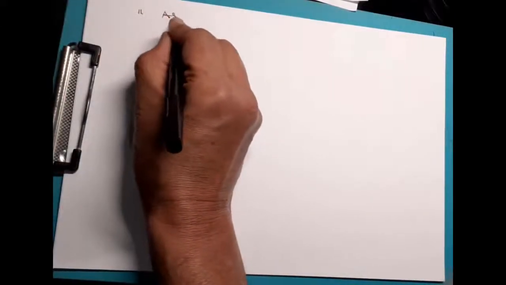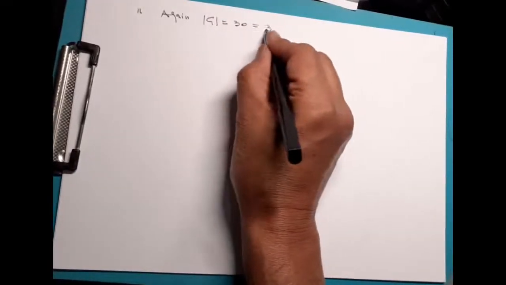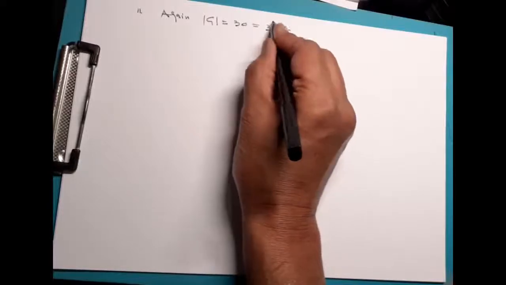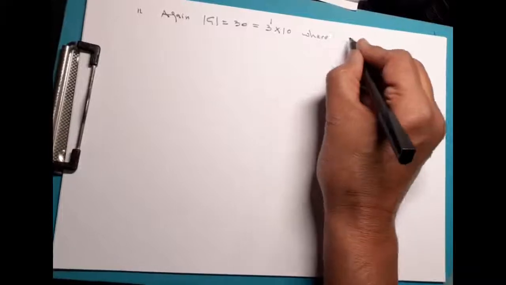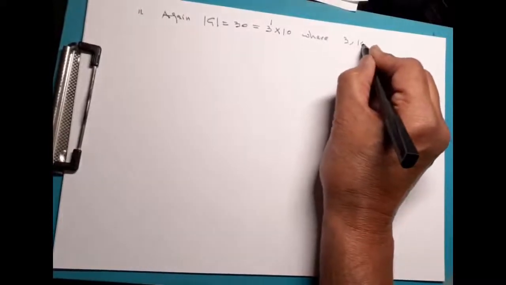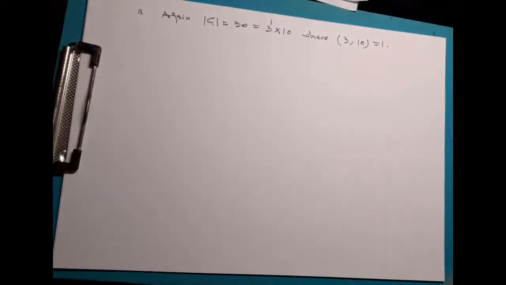Secondly, again, the order of G is equal to 30, and 30 can be written as 3 multiplied with 10, where 3 and 10 are co-prime, and therefore there are 3-Sylow subgroups.